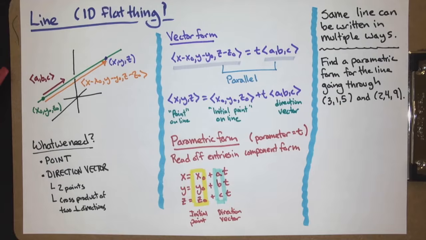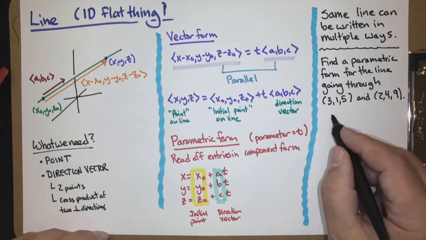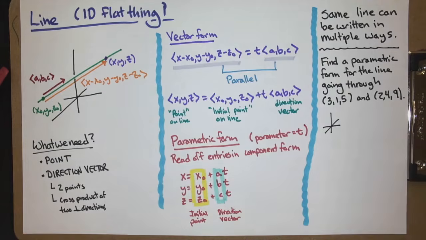All right, let's do a small question. You can tell it's a small question because there's not a lot of space here. All right. Find a parametric form for the line going through (3, 1, 5) and (2, 4, 9). So, in other words, we have 2 points in 3-dimensional space. So, we can draw a picture.